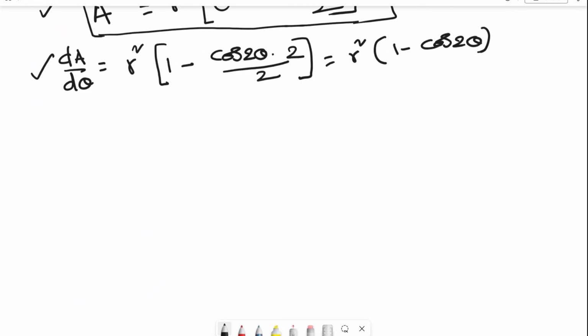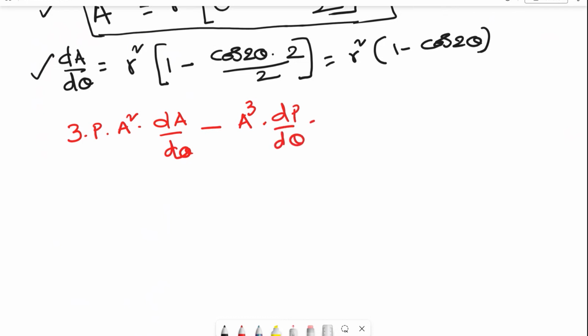Now what is our equation actually? The equation we have already done. It is 3P into A square into dA by d theta minus A cube into dP by d theta is equal to 0.